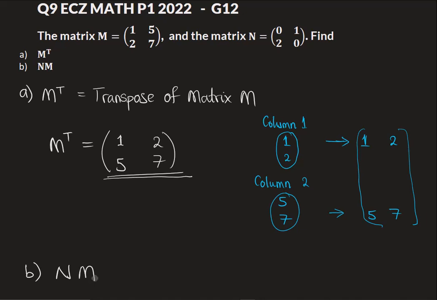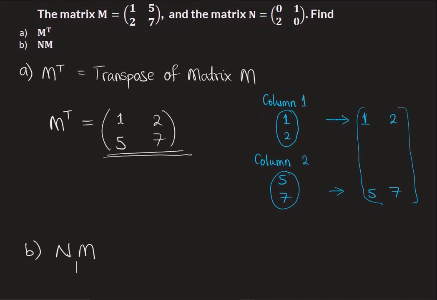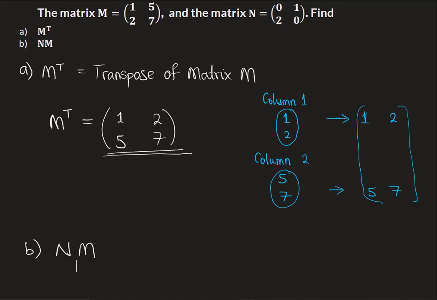If we say x times y, it's the same as y times x. However, for matrices, that's not the case. If you find M multiplied by N, it won't be the same as the answer we're going to find here. So when you're answering such a question, the first thing you should do is copy the right matrix.